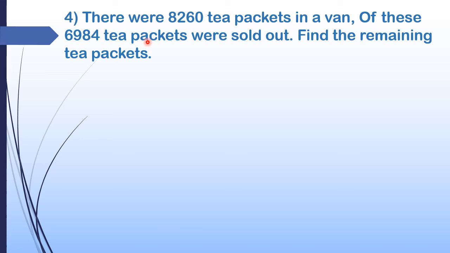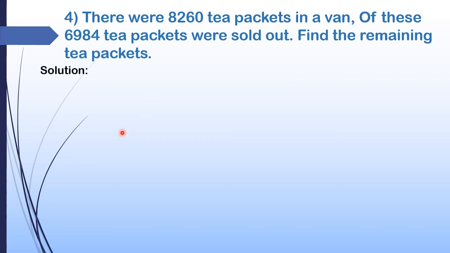So whenever the sum mentions the word remaining or left out, like this, these are the keywords. Okay. These words mention indirectly to find the subtraction. Okay. These are all the keywords for subtraction. Left out, remaining. Okay.